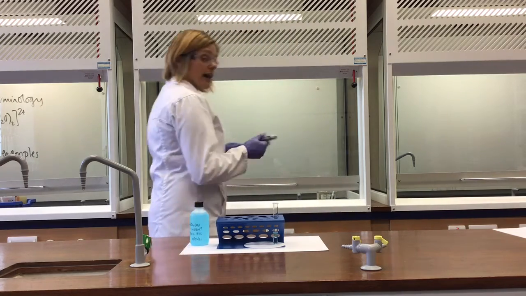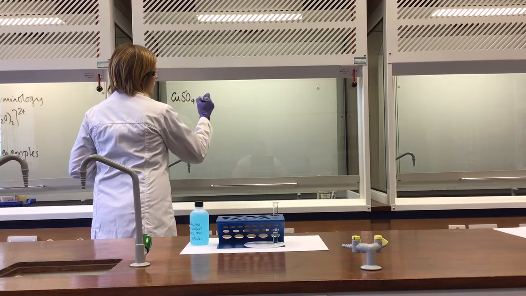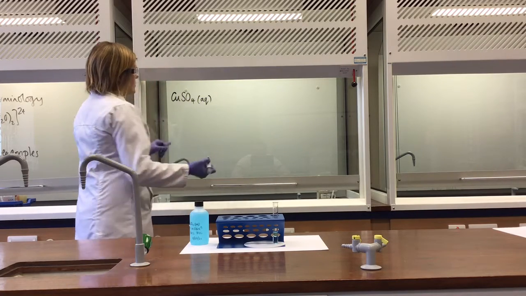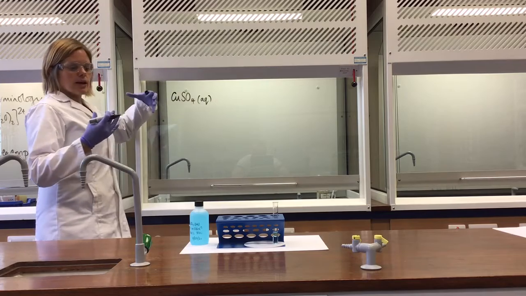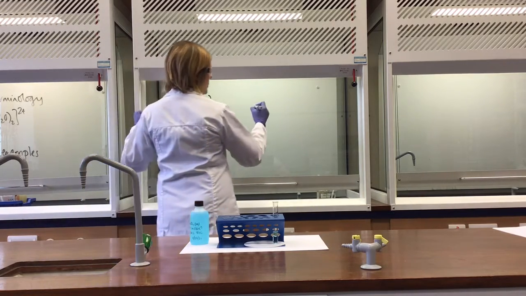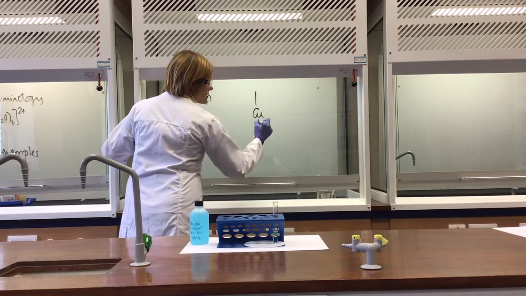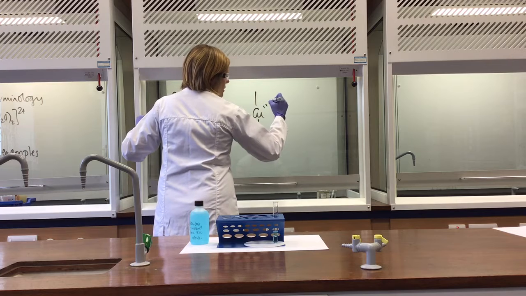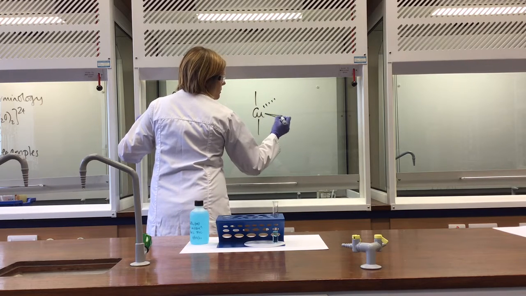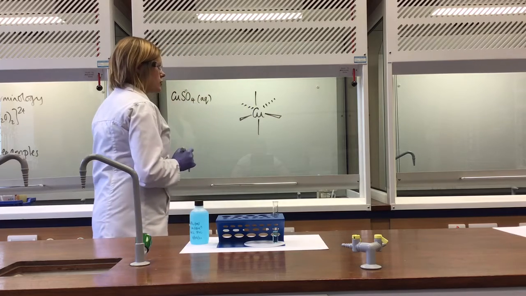Now, in actual fact, when copper sulfate dissolves in water, CuSO4(aq), the Cu2+ ions do not exist independently and move freely. What happens instead, because this is an example of a transition metal ion, is it forms something which looks like this. So I'll just draw a shape around here, and hopefully you can see that this is an octahedral shape.